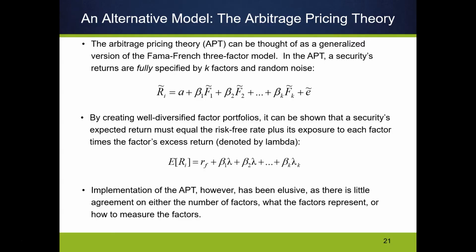Now, the last thing, and again, this is just way more academic, is something called the arbitrage pricing theory. And the arbitrage pricing theory essentially says that based on the evidence that we have, we should be able to perfectly predict the expected return for a firm as long as we can perfectly account for all the risk factors that affect a firm's return or affect a firm's risk.